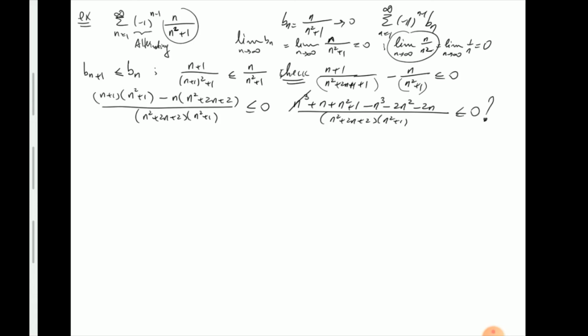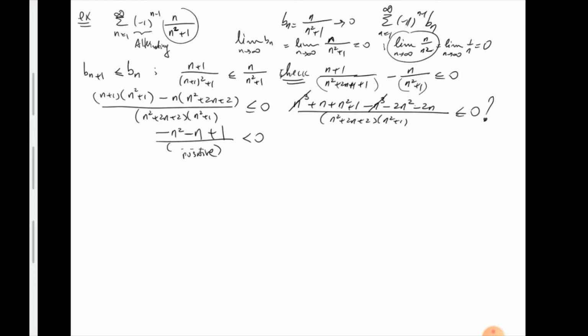Well, we have some nice cancellations on the top. And if you look carefully here, n squared minus 2n squared becomes minus n squared on the top. n minus 2n is going to be minus n, plus 1, over some quantity that is positive. This is obviously less than 0.